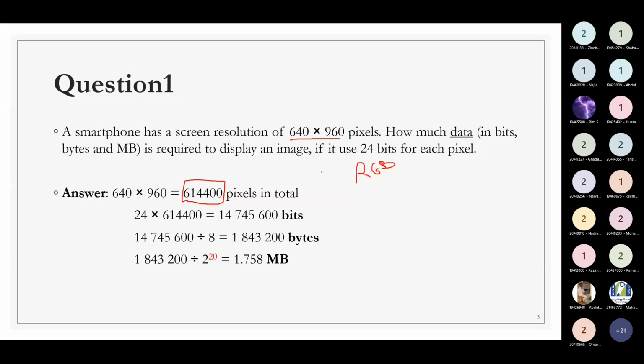After that, this quantity can be converted to bytes. From bits to bytes, we divide by 8, because 1 byte is equal to 8 bits.